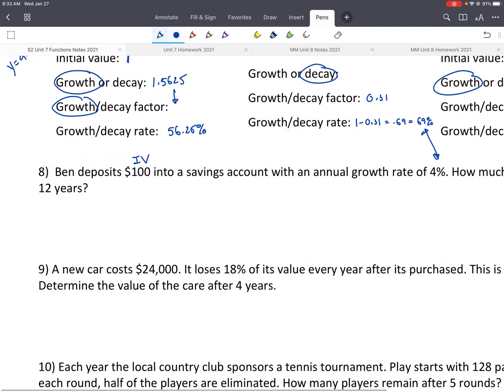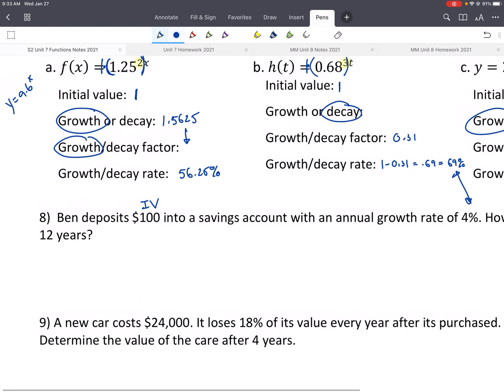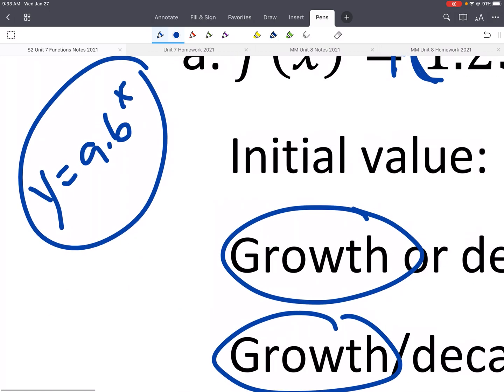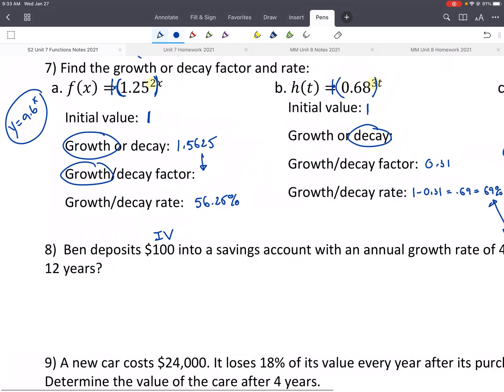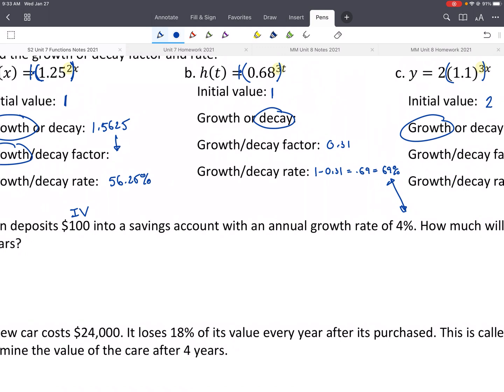All right, so again, our equation here is y equals a times b to the x, where b is your growth factor. So if they give us a rate, a percentage, we need to write it as a factor. So again, we'll do basically the opposite.